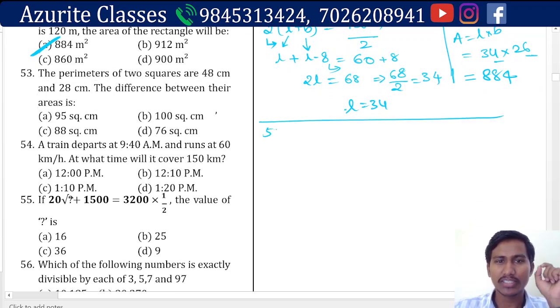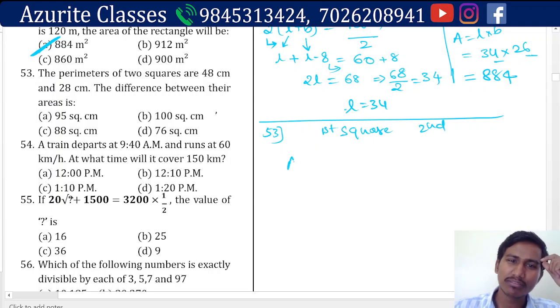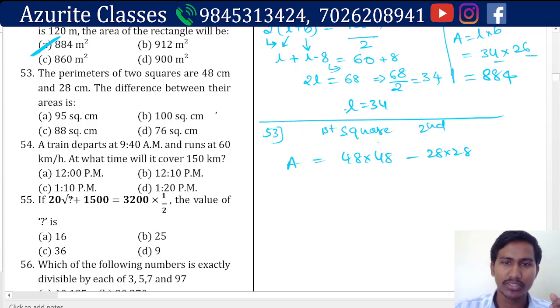So first square and second one. First square area will be 48 into 48 minus second square 28 into 28. Side into side will be the area of a square. So 48 48, how much is it?